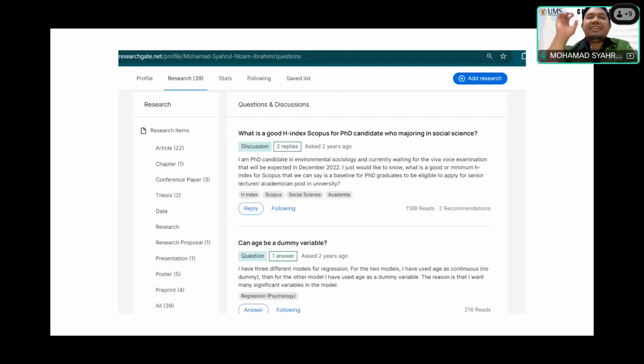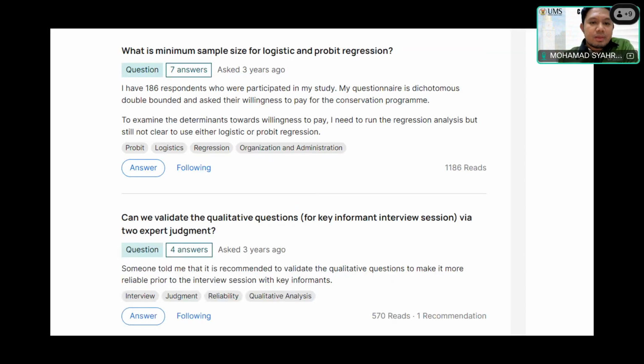In my era during the PhD, there was no AI, no Gemini, no ChatGPT, so this is what I did before. Now it's easy, you can access ChatGPT and Gemini. I think no problem.